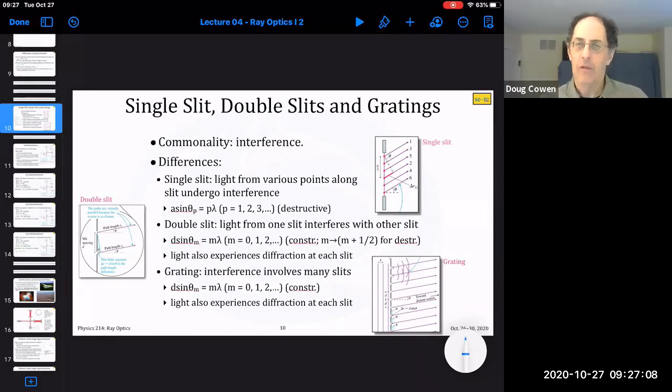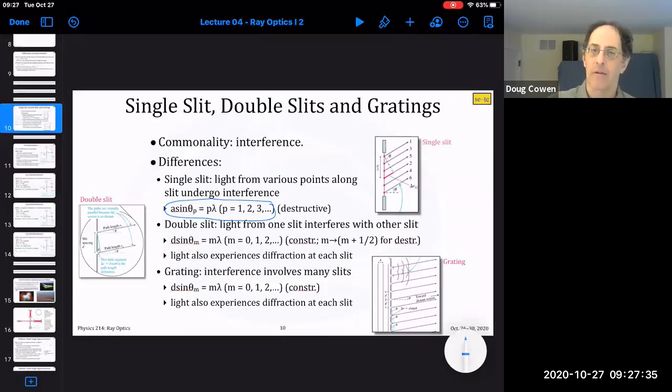The difference is that for a single slit, the light from various points along the opening of the slit undergoes interference with one another. And so you end up with this expression that, remember, we could only derive for destructive interference in the case of a single slit. We could not derive an analytic expression like this for constructive interference.